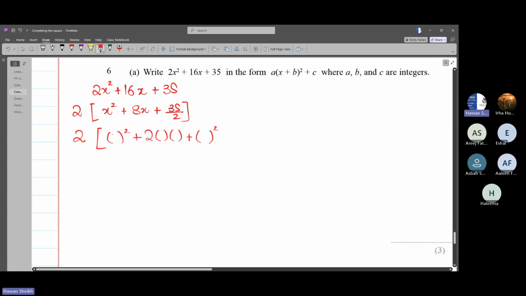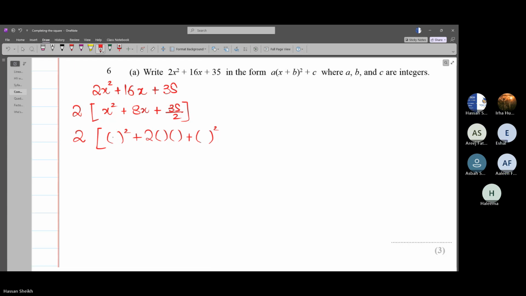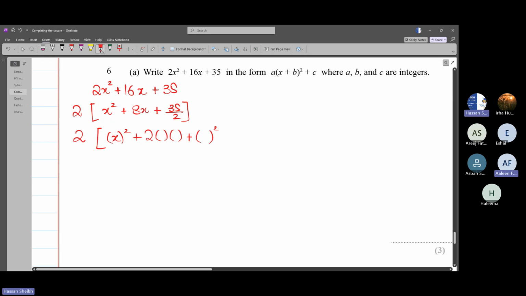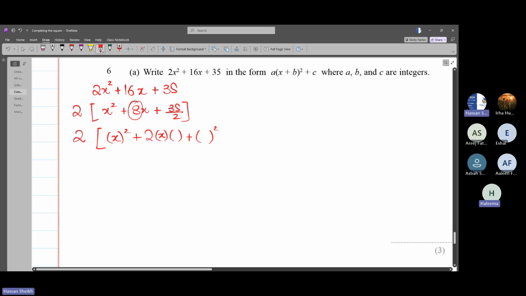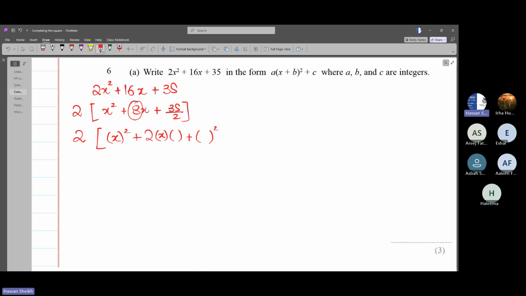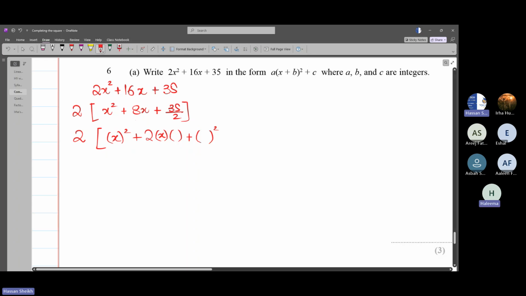What is a? x. What must be b? Half of the coefficient of x. Half of the coefficient of x means half of 8. b must be half of 8.